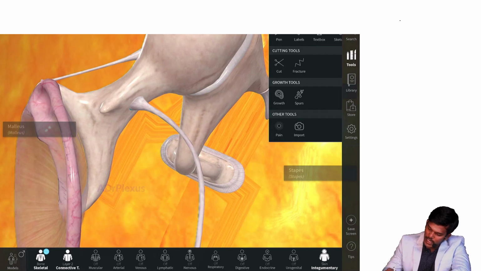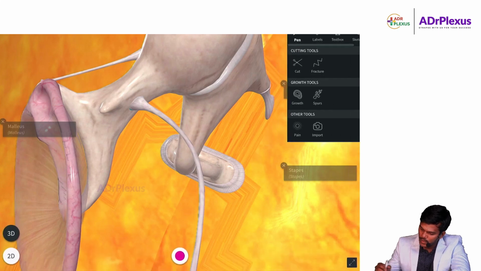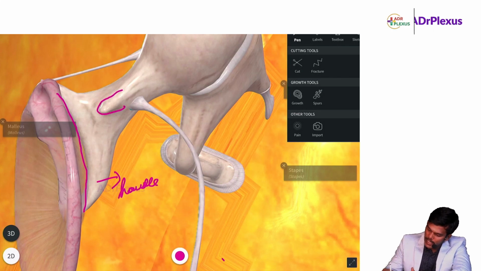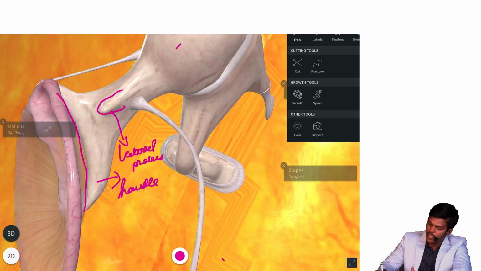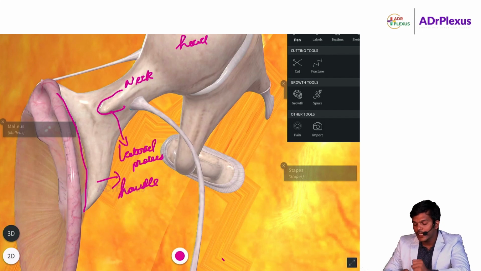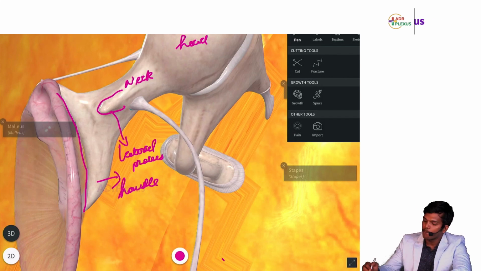The handle of malleus is having attachment to the tympanic membrane. This is the lateral process of malleus. Okay, this is the head, this is the neck.